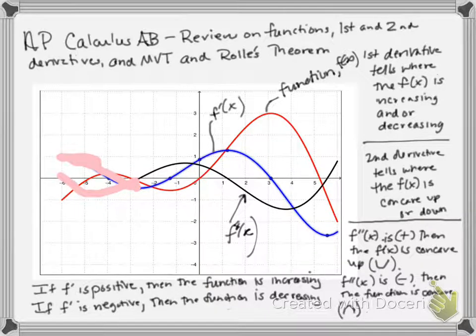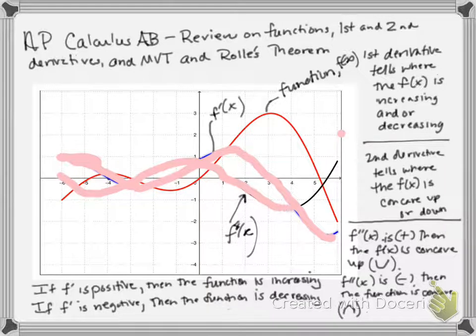And then my derivative curve starts to increase here, then my black graph would be above the x-axis into here. And then the blue one starts to decrease here all the way down to this point somewhere right in here. Then my black graph is going to be below the x-axis, and then all of a sudden starts to increase, and then my black graph would be above the x-axis. So that's another way I could look at it as well.